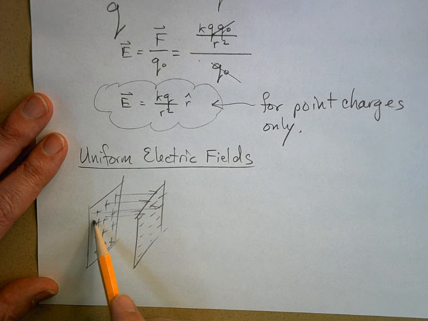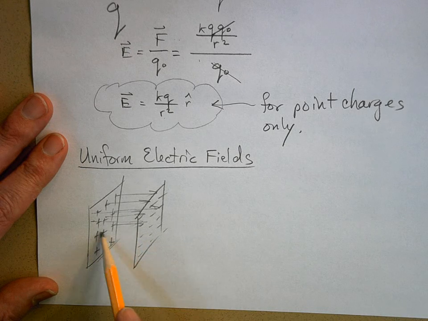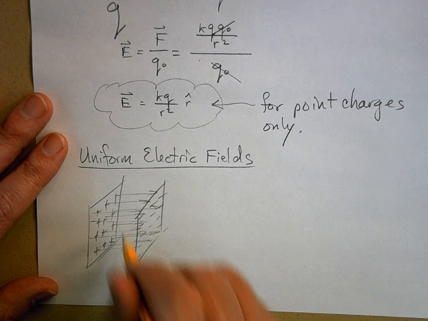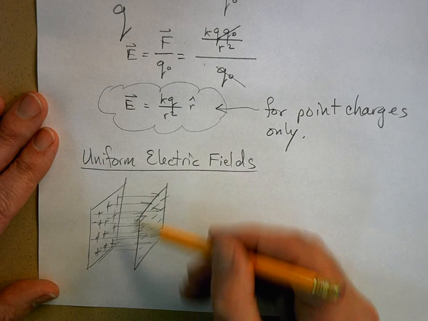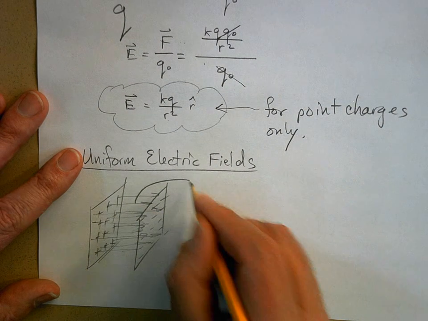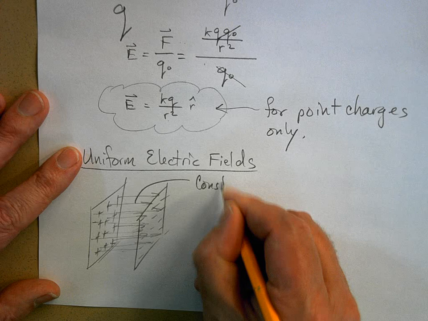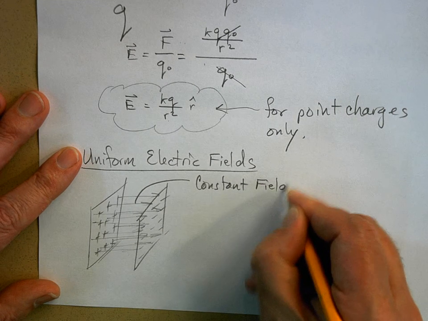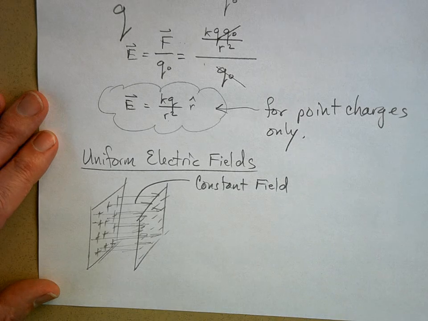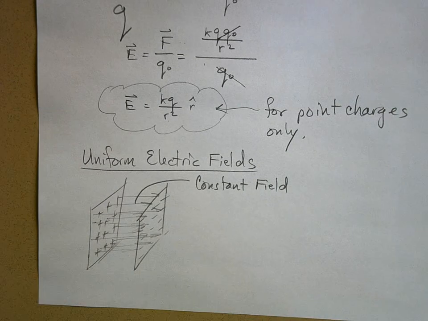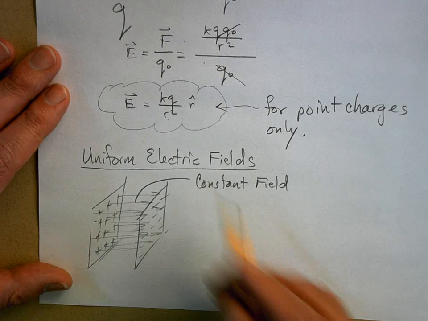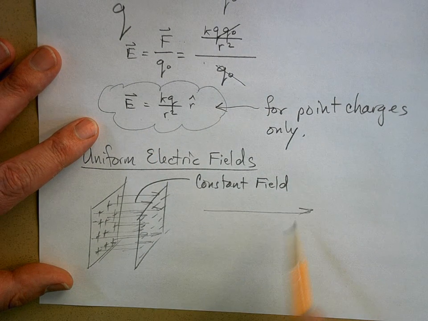I haven't talked about field lines yet, and we'll talk about electric field lines in a minute. But we're going to get a field in between those plates where the field is constant. A constant field. I'm actually going to teach you how to draw these electric field lines properly in just a minute.